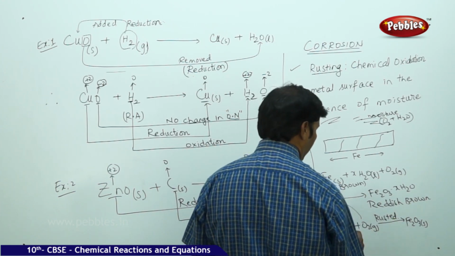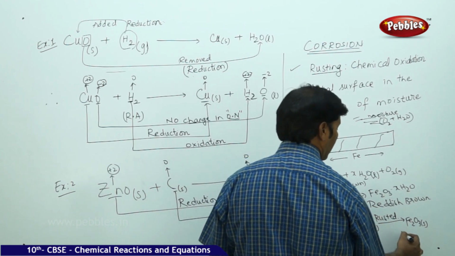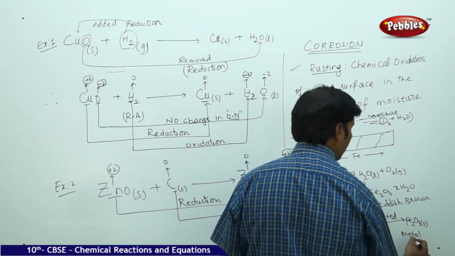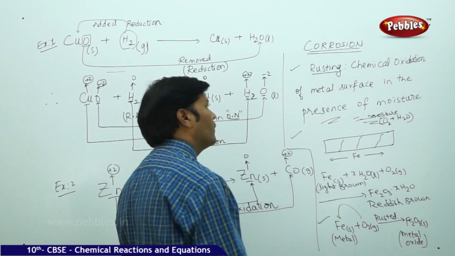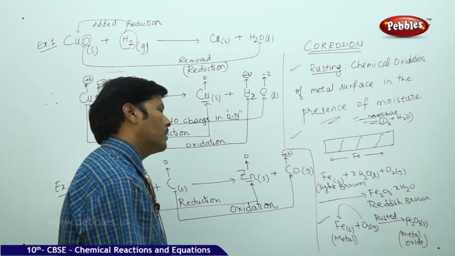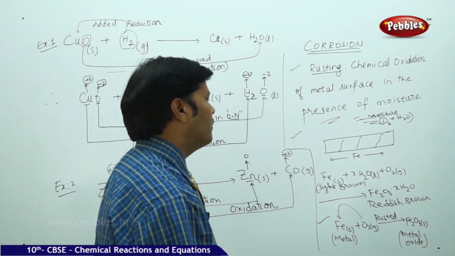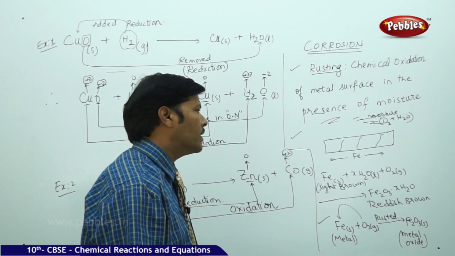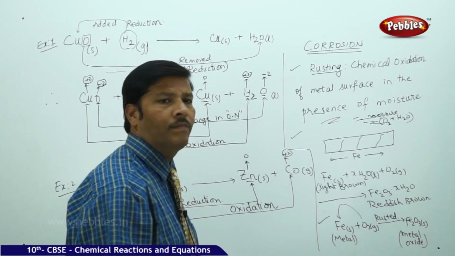So whenever a metal is converted to metal oxide, it gets rusted. So here more reducing metals can reduce the less reducing metals in the case of rusting.